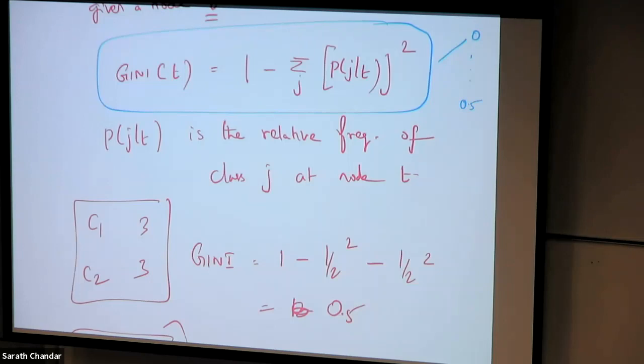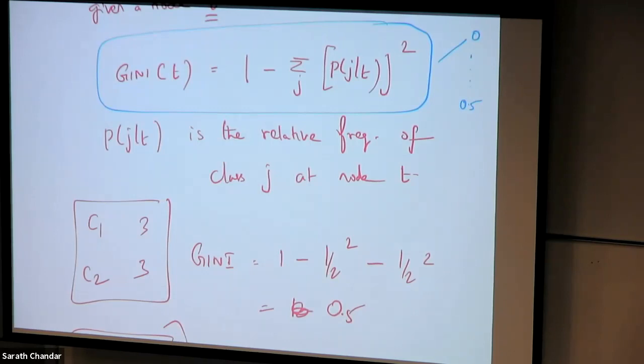When the data is completely mixed, like 50-50, or an equal distribution of all the classes, you have a Gini index of 0.5. Lower is better. The only way to get to 0 is when you have only one class. Even if you have one more example of another class, it's going to be greater than 0.